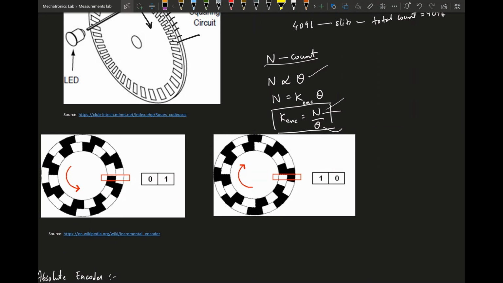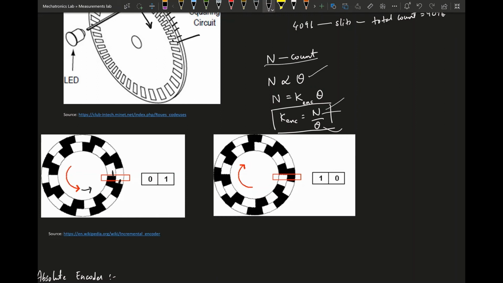So here you can see they are arranged in such a way that if you rotate in one direction, in this case anti-clockwise, the inner slit will be recorded first, and the outer slit changes value after the inner one changes.